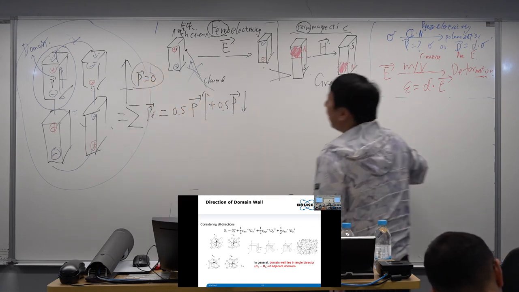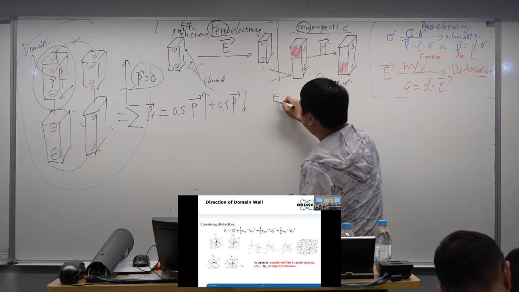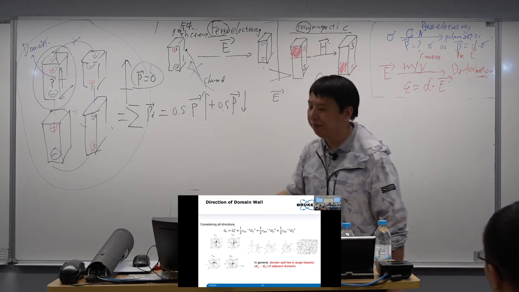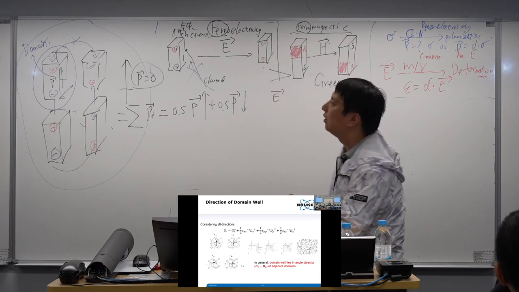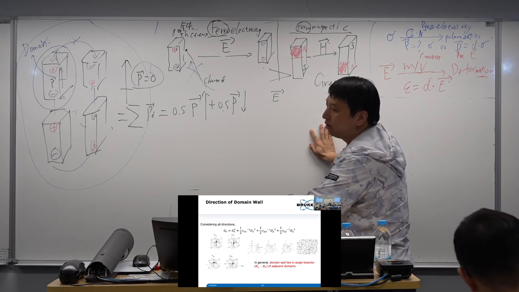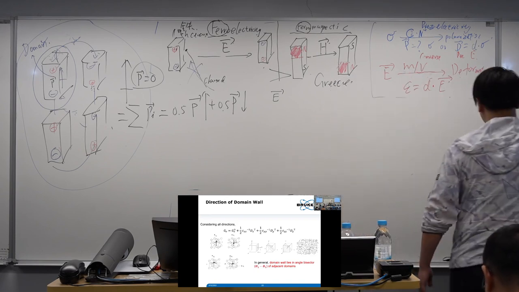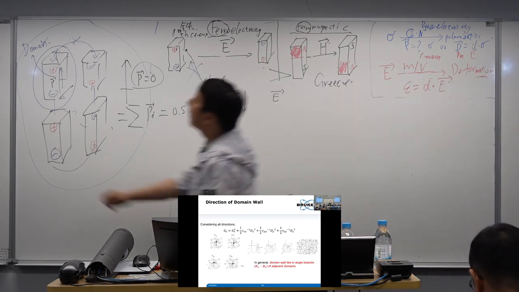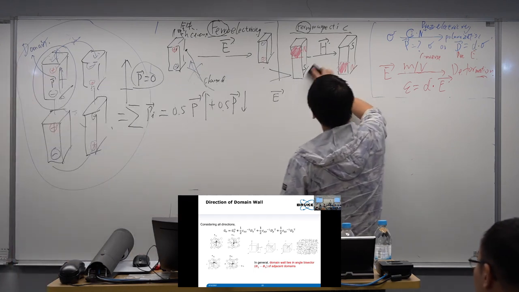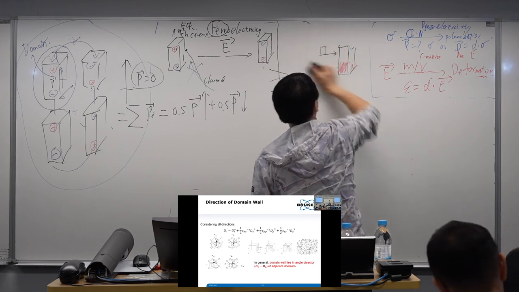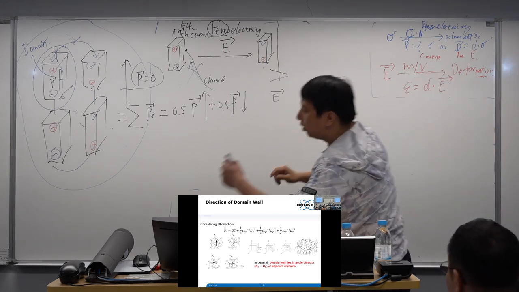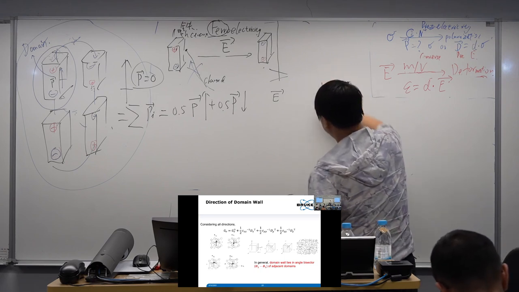And then if I apply an electric field on it, how would it change the polarization? So that's our idea of the so-called hysteresis loops. So let's try to draw it. So we will have this kind of thing.